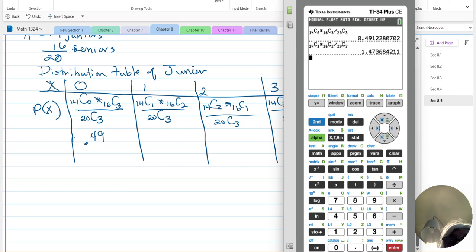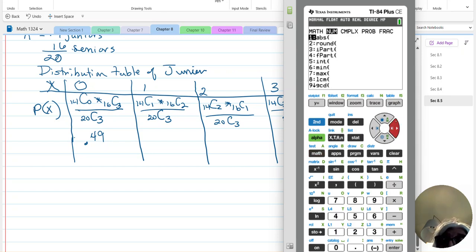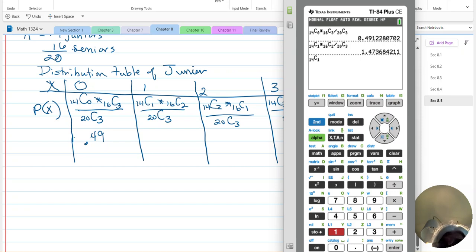Hit enter. 1 of the 14 and 2 of the 16 divided by 30 choose 3. 14, math, PROB, number 3, and I'm doing a 1.